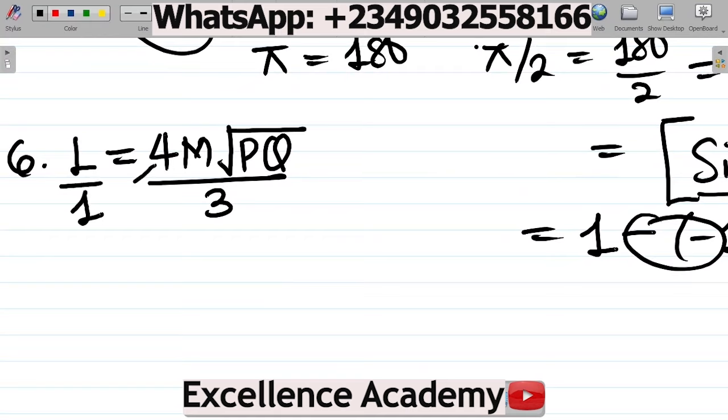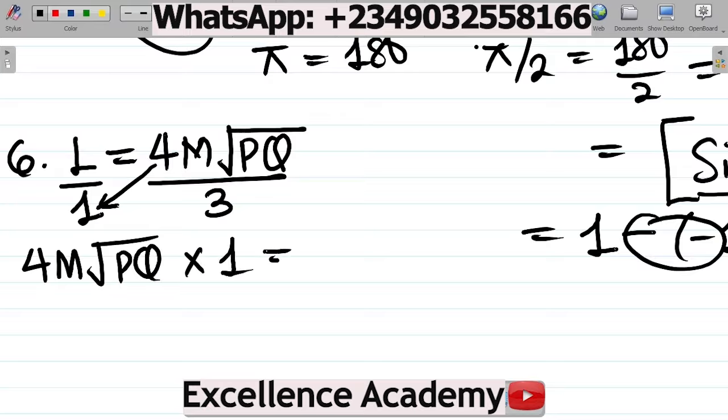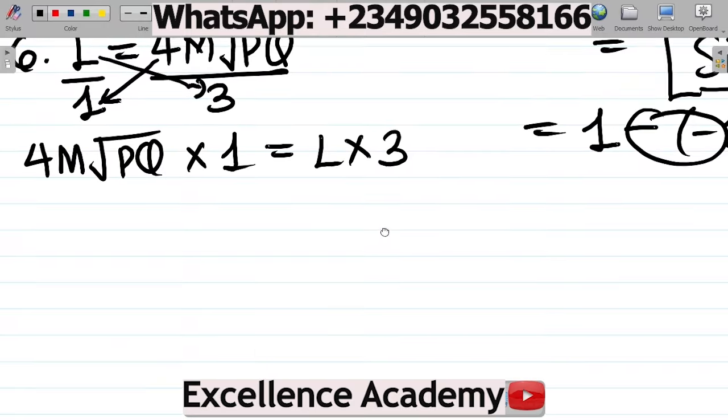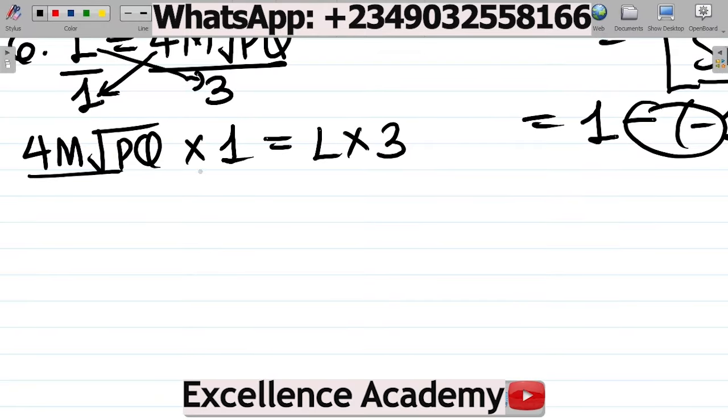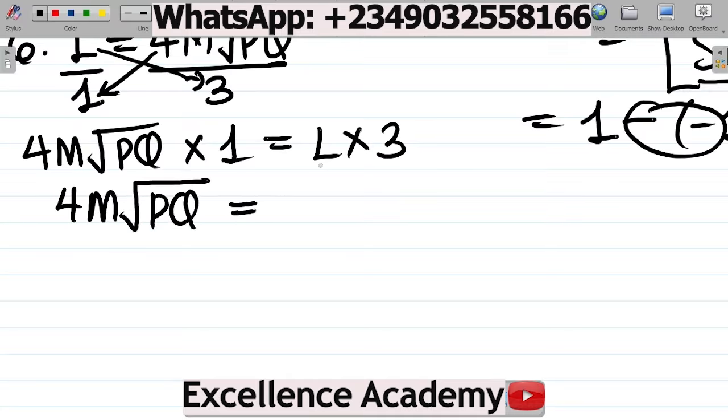So first things first, we cross multiply here. That becomes 4m root PQ times 1 is equal to L times 3. Cross multiply first. Moving on, 4m root PQ times 1 is itself, which becomes 4m root PQ is equal to 3L.